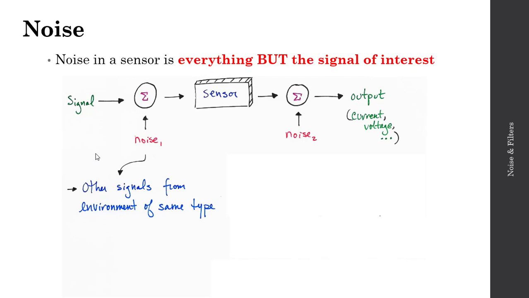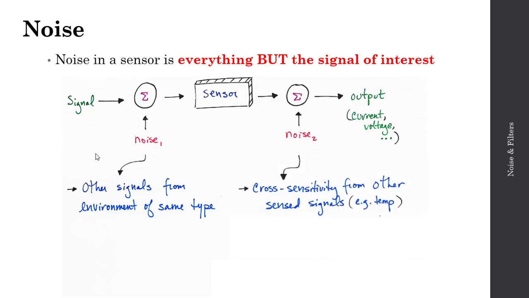Noise 2, there's a potential for an even greater number of sources. For example, we might have some cross-sensitivity to other signals. An example here would be a temperature sensitivity, such as with a strain gauge. So if I'm trying to measure strain and my strain gauge is actually susceptible to temperature, I have some sensitivity from another source.